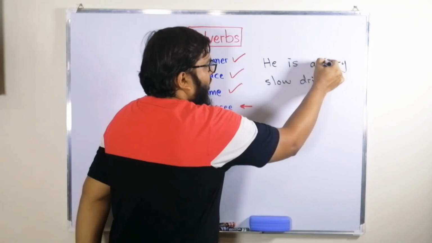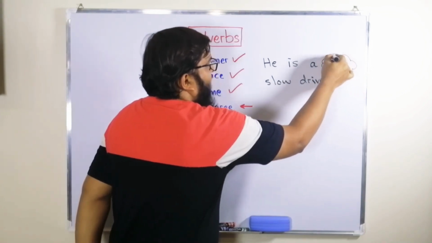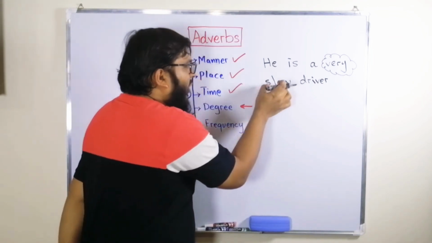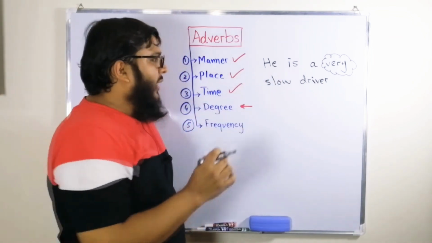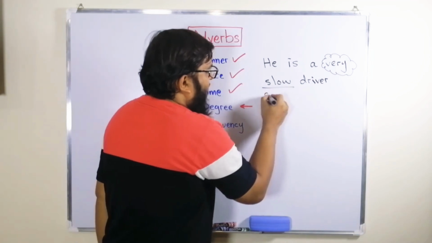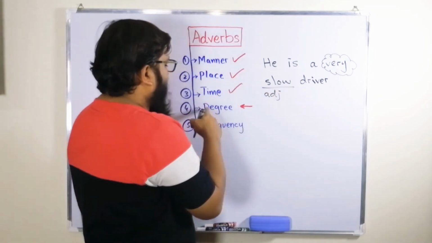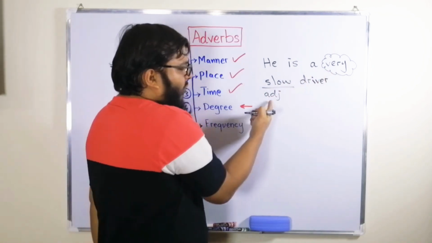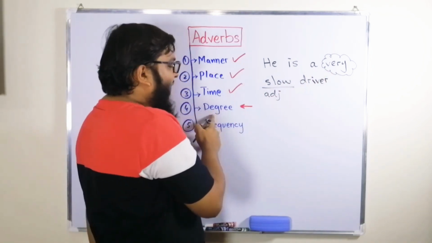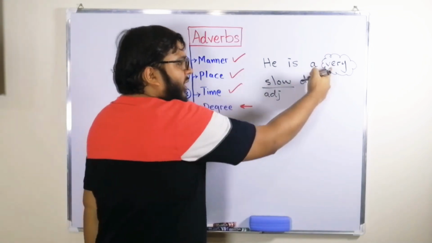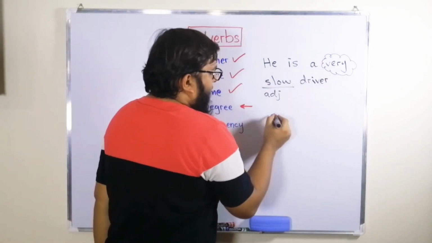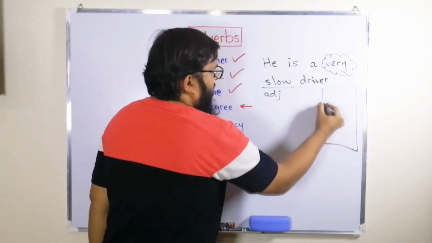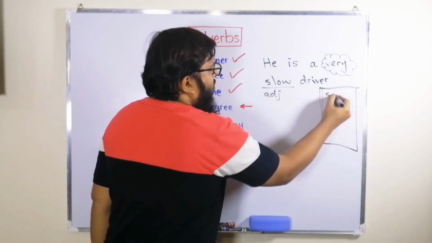So when you use the word very, very actually tells the degree of slow. And slow here is an adjective. So some adverbs actually work as the degree for an adjective, and those are called degree adverbs. Very, and I'm going to list here. So slow.